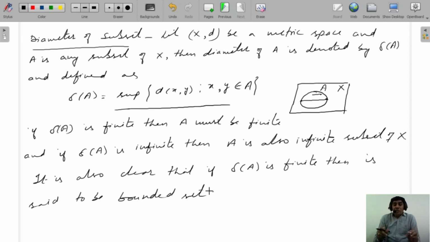If the maximum distance between any 2 points of the subset A is finite, then we can say the set is a bounded set.